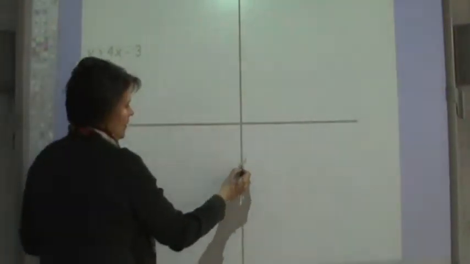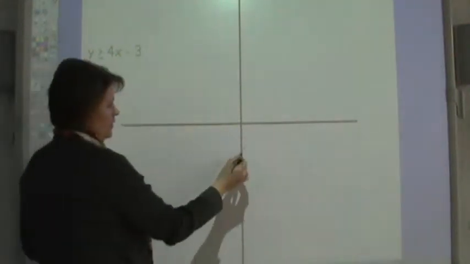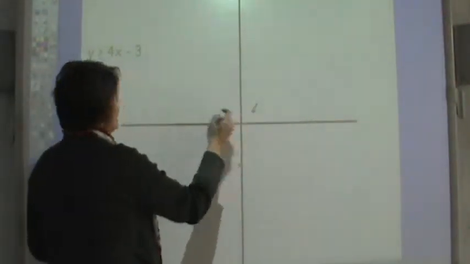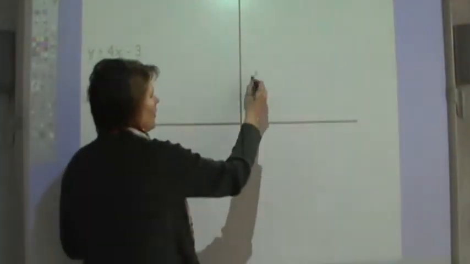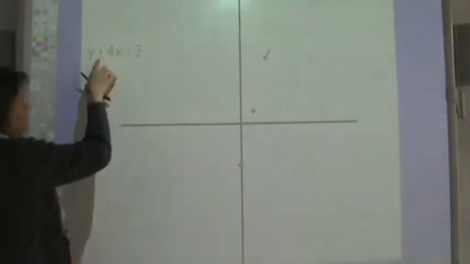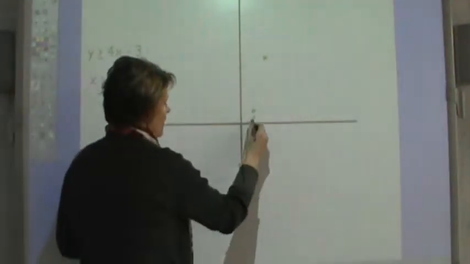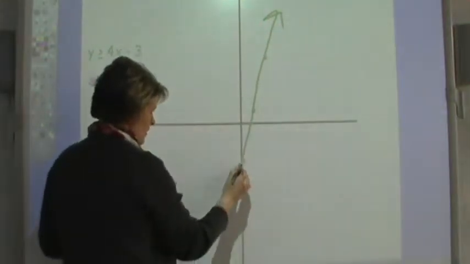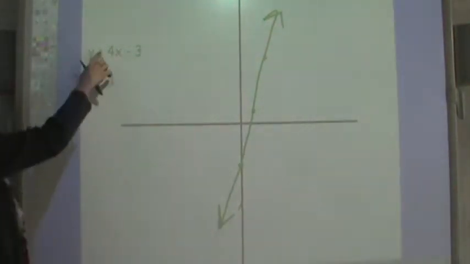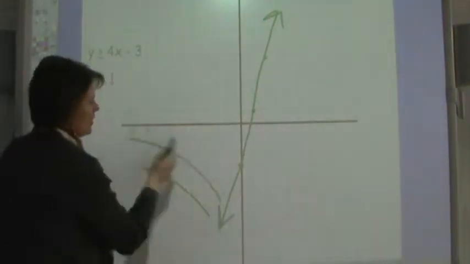All right, let's try another one. This one starts at negative 3, and then I'm going to go up 4 over 1. That's going to be solid. Because it's greater than our line, that's everything on this side.